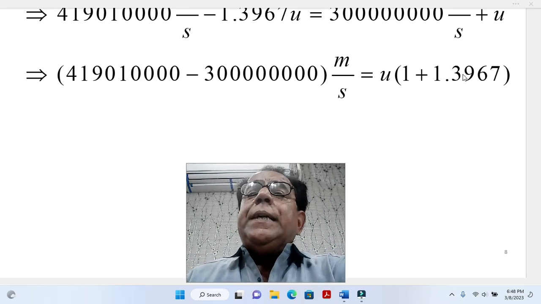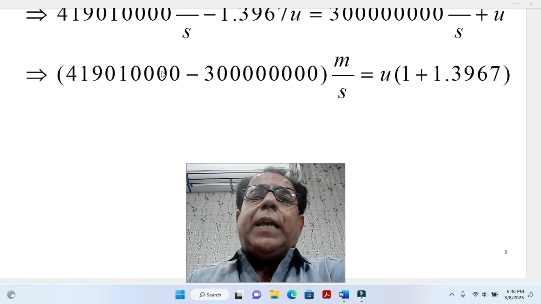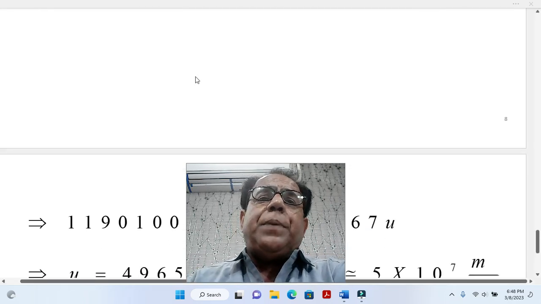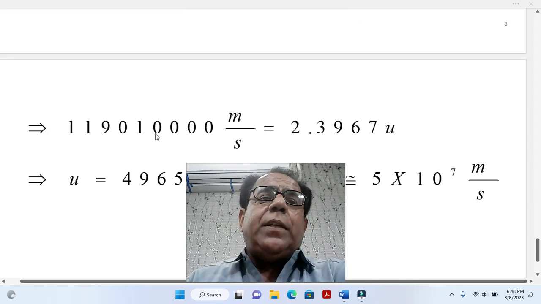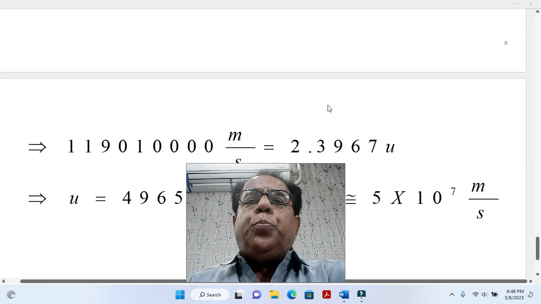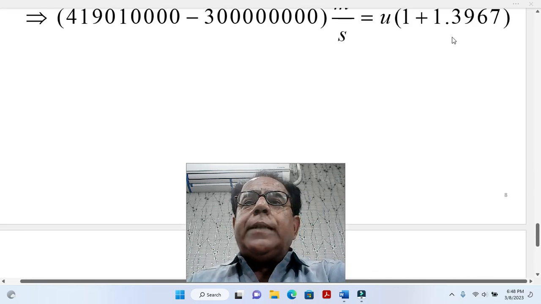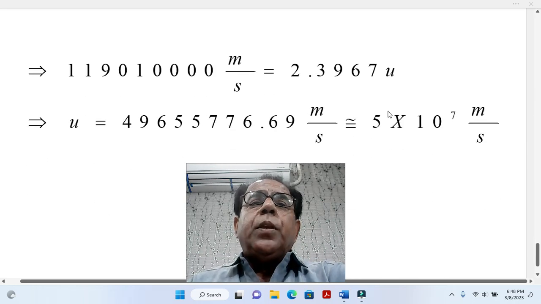So the addition of these two will become 2.3967, while the difference of this becomes equal to this, 11,901 4 times 0 meter per second is equal to 2.3967 u. So this implies that we have to find u.